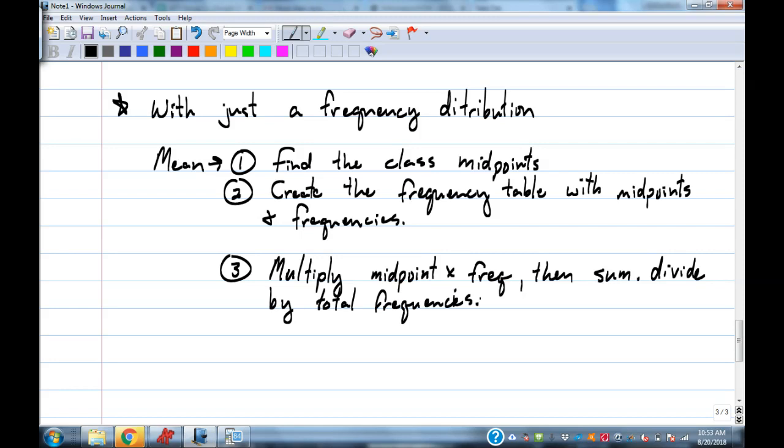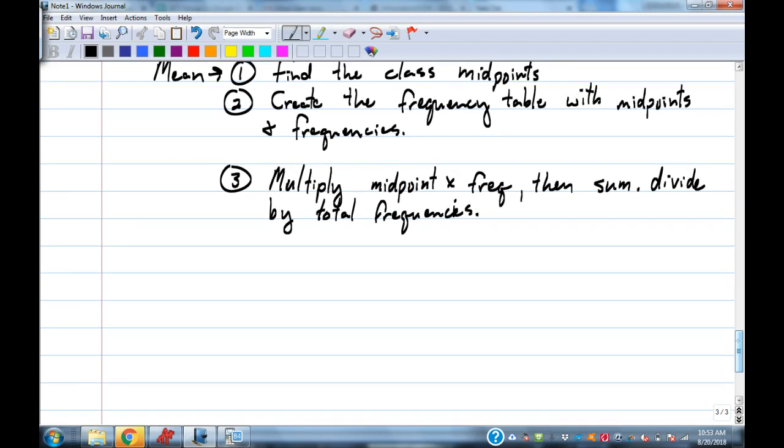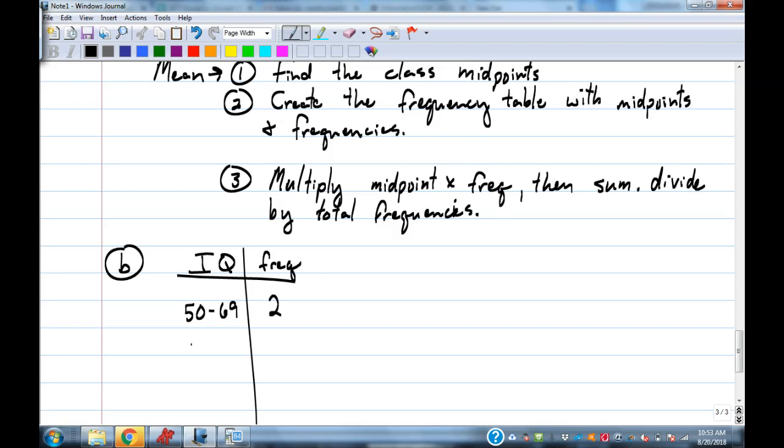Okay, so for example, we'll call this example B. Let's go to that IQ stuff that we used all through chapter 2. Here's the frequency distribution that they give us. This is what the frequency distribution in the book looks like.